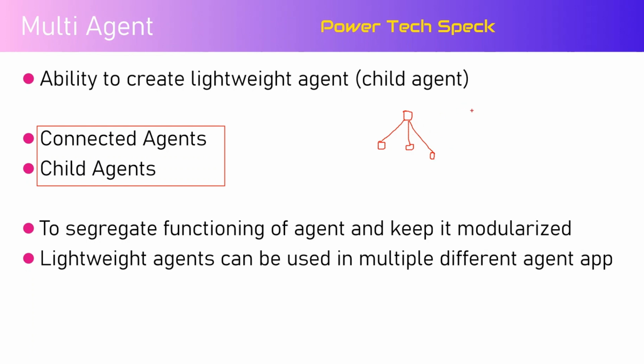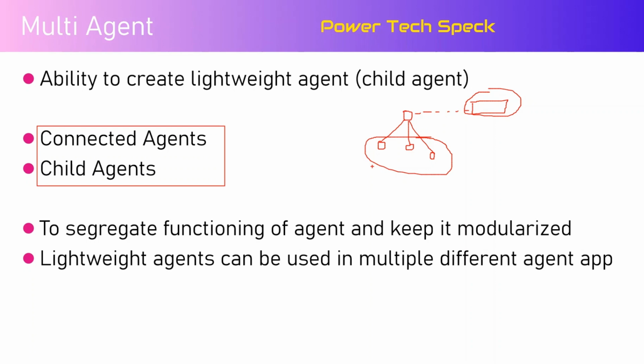Then you have something called a connected agent, which is again an independent agent, but the way you connect it has nothing to do with a hierarchy. All the boundaries of this particular agent and its child agents are completely at a different level. I'm going to cover that in a separate video, but the important thing to note is that you are now able to create multiple agents against a single agent. So you can create numerous child agents.